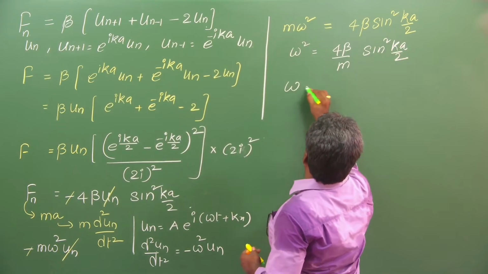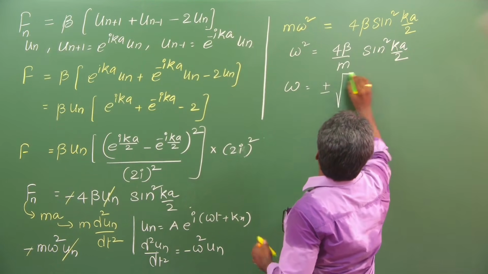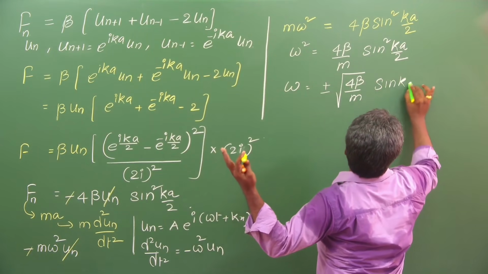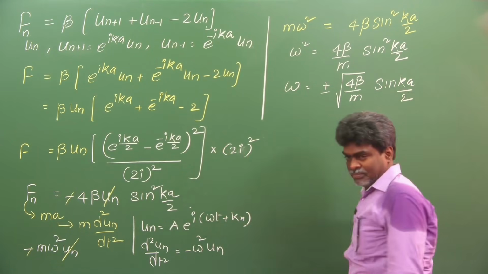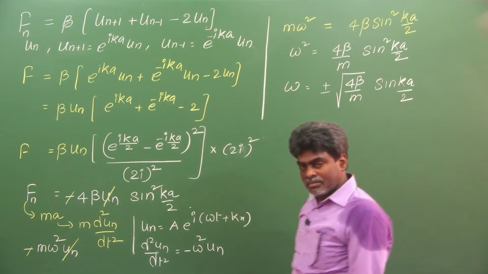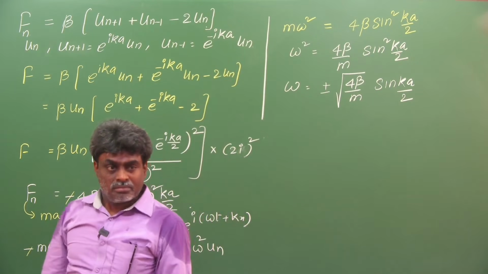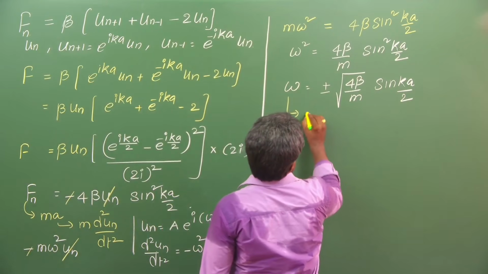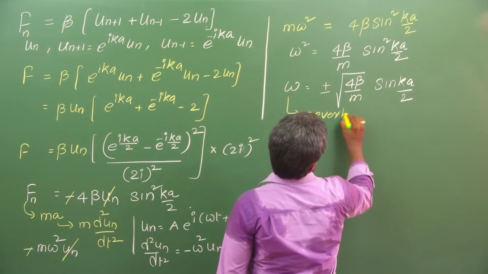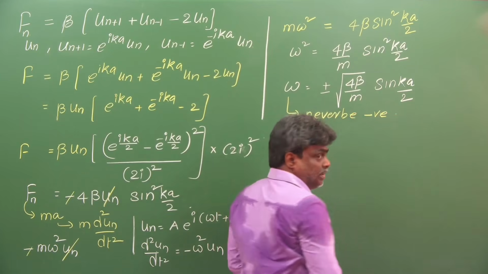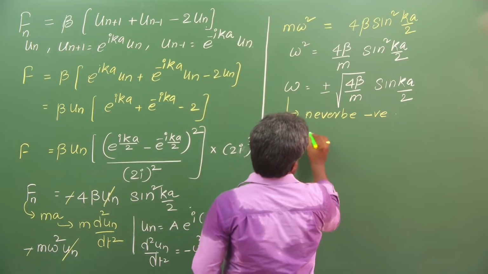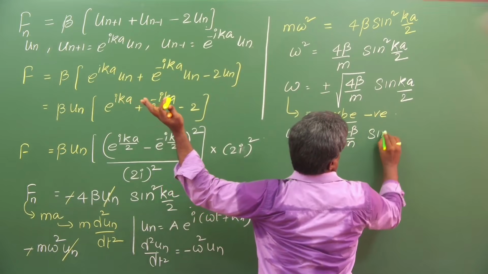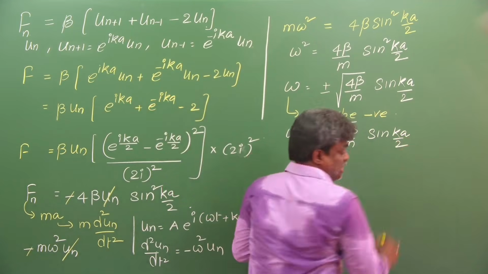So omega equal to plus or minus under root, sine ka by 2. Is it right? Only plus. Frequencies can never be negative. That's why omega equal to under root. Is it correct?